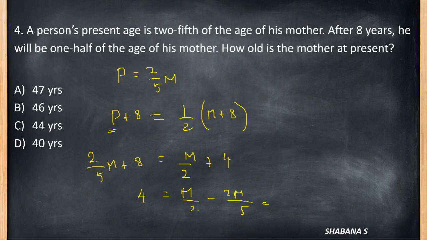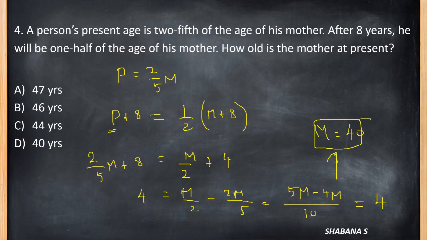So taking 10 as the common denominator, this is 5M minus 4M over 10, that's equal to 4. So M will be equal to 10 into 4, which is 40. So the mother's present age is 40 years, and that's option D.